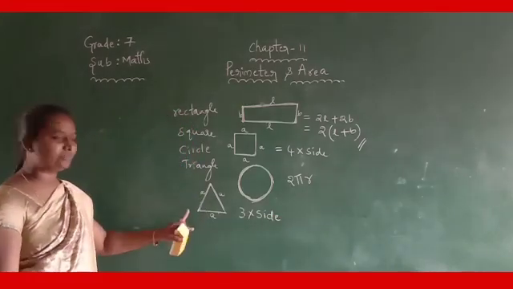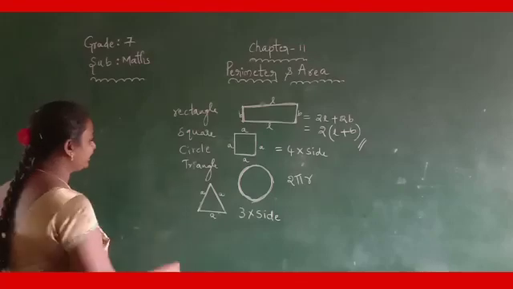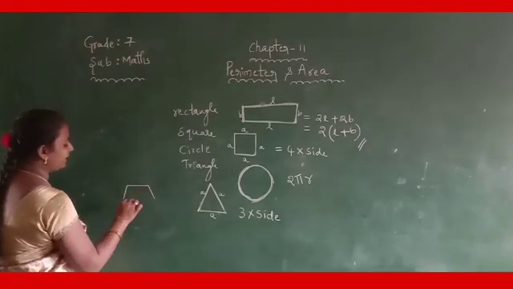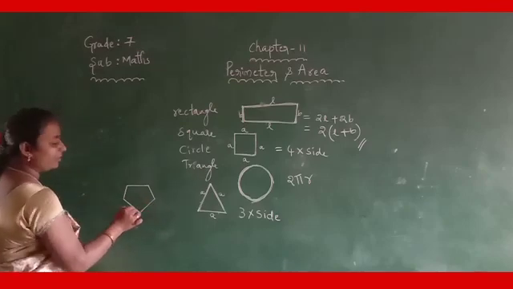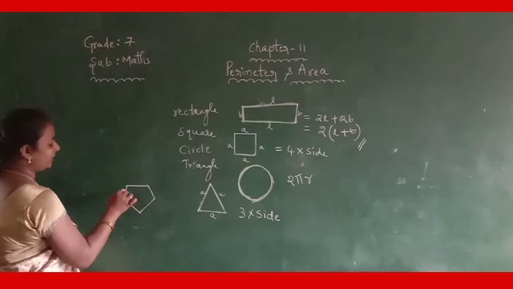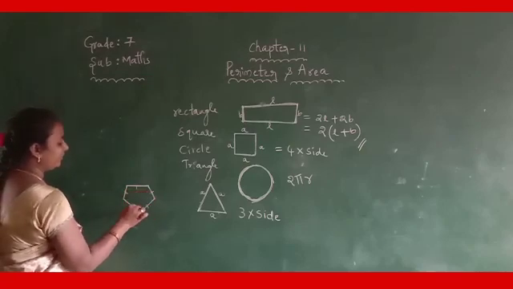Not only the equilateral triangle. If you take more than 3 sides, see what is the shape of this one? Which type of polygon is it? Count here: 1, 2, 3, 4, 5.